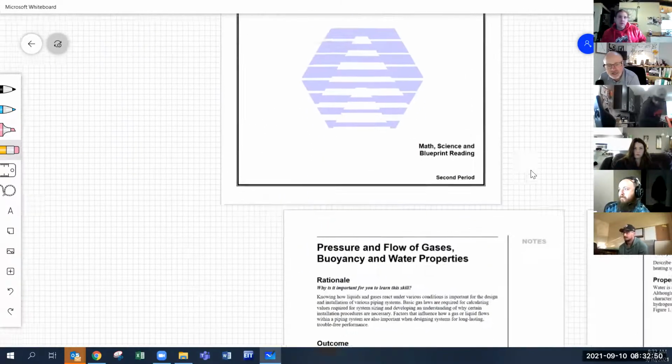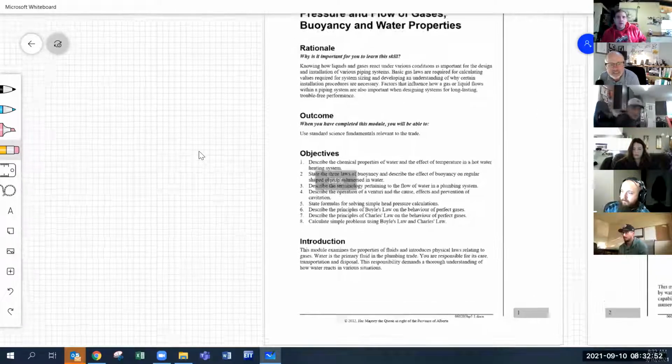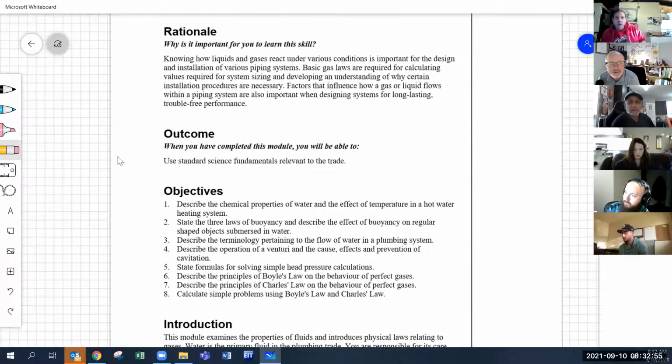So if you're a note taker, it might not be the exact same. These particular objectives are not the same, but we are going to do objective 1 here, where it says describe chemical properties of water and the effects of hot water heating systems, temperatures in there.